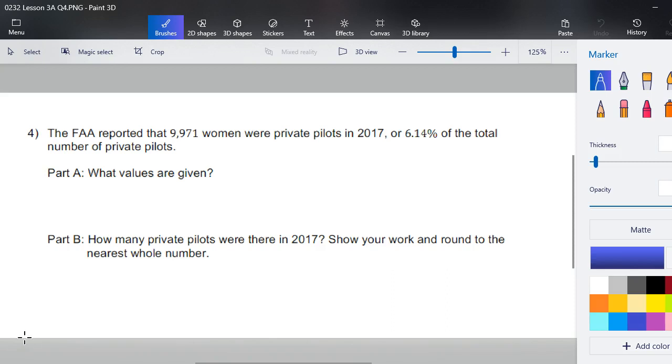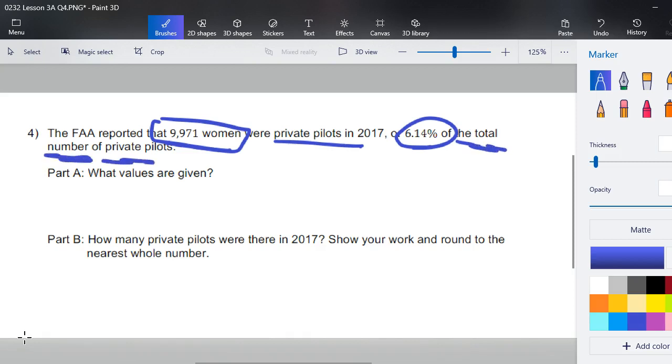The FAA reported that 9,971 women were private pilots in 2017, or this amount represented 6 and 14/100 percent of the total, the whole number of pilots. What values are given?